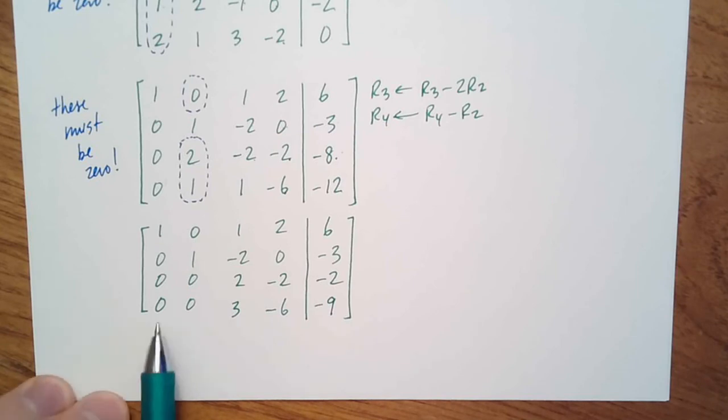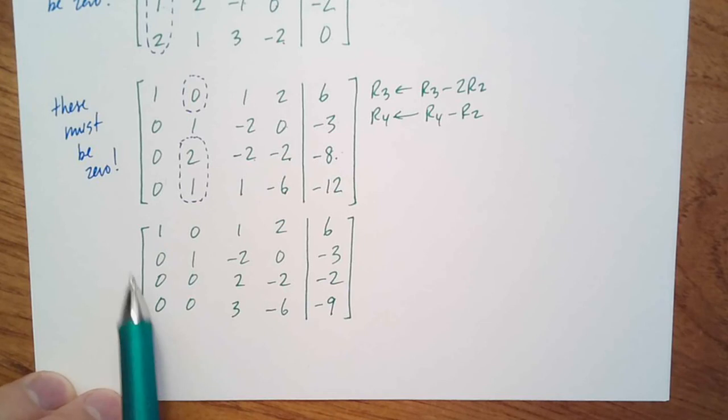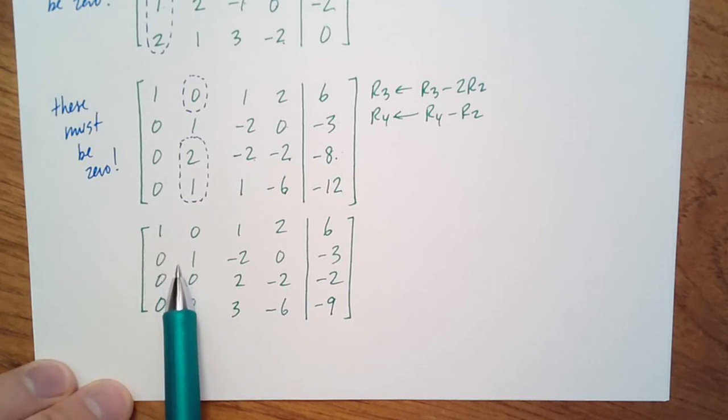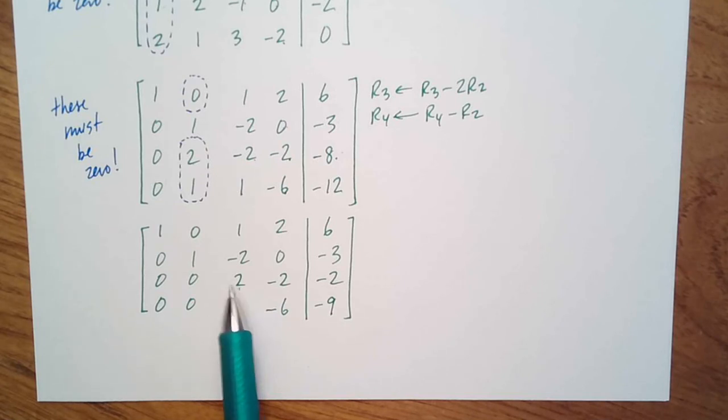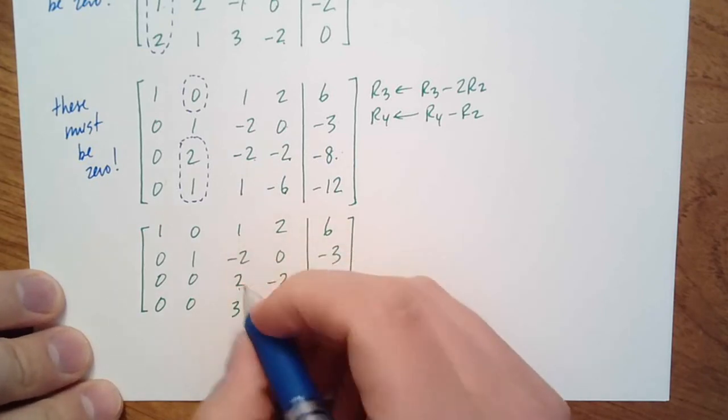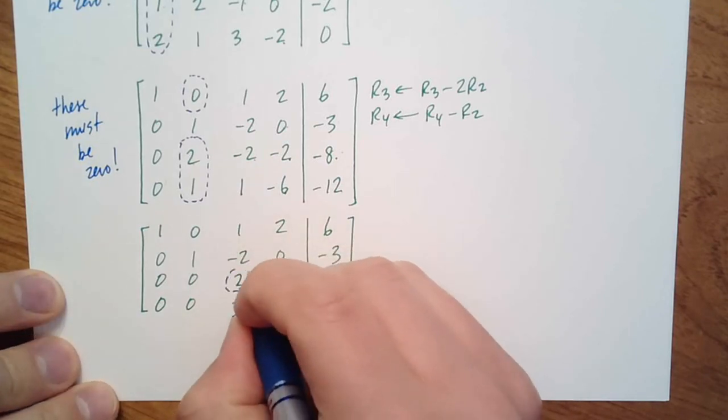So notice how we've just worked our way to the right, taking care of each column one at a time. We're always looking for this nice downward staircase of leading ones. So that would put this as our next culprit for an entry that we would like to be a 1. So how can we make this entry a 1? That's the next question. But that's our goal.